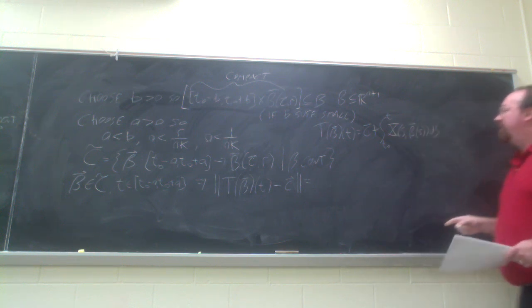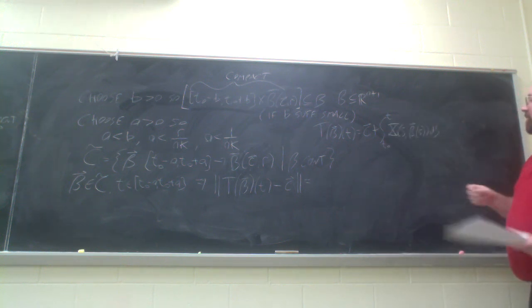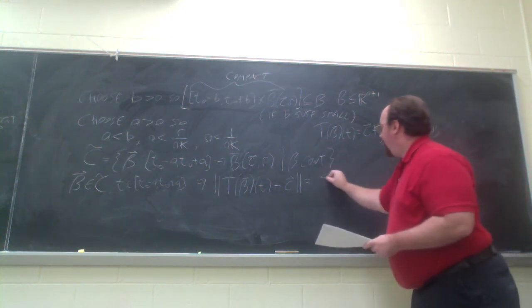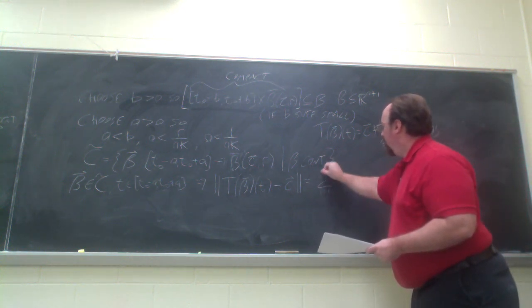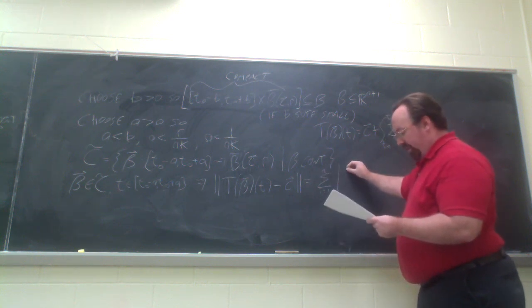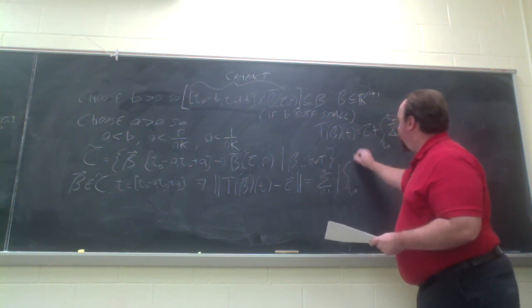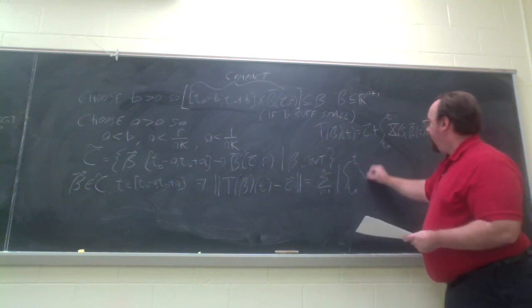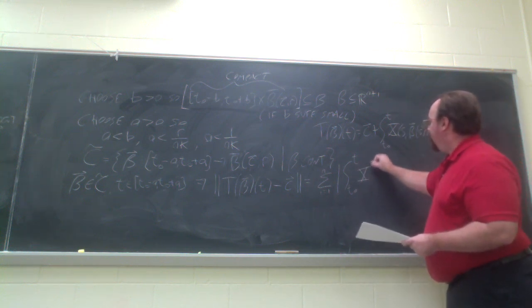So I'm just using this. So I move the C to the other side, and what I get is a sum of integrals of each component, because this is a vector. And I have each component of my vector field.